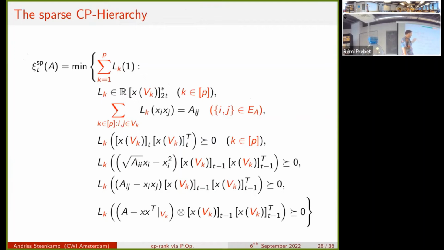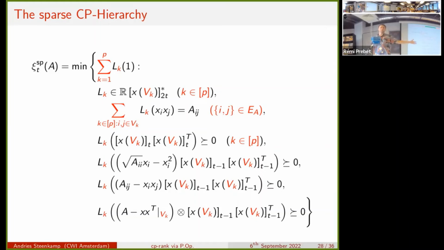Everything is pretty much quite clear. Maybe here at the tensor constraint, we now have this XX transpose. You set all the xi's which are not supported by VK to 0. So it's still an n by n matrix, but it's padded by zeros where not supported by the VK.